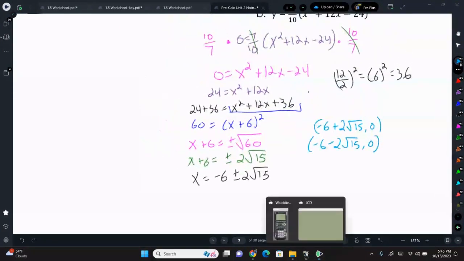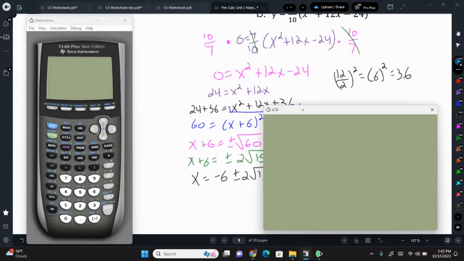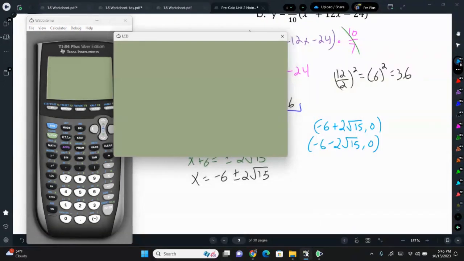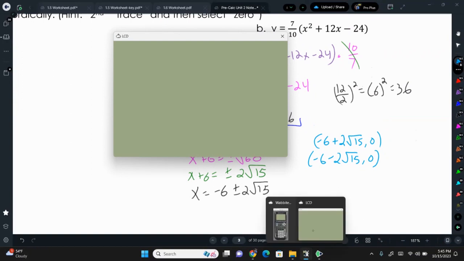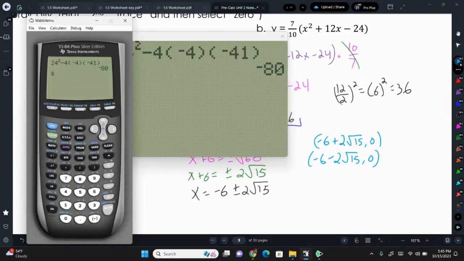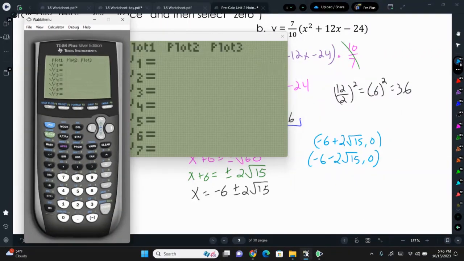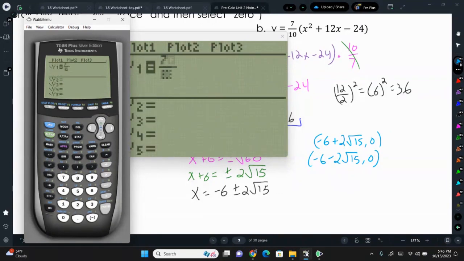So then on the graphing calculator, I'm going to type in that original function up here, alpha y equals 7 over 10 x squared plus 12x minus 24.